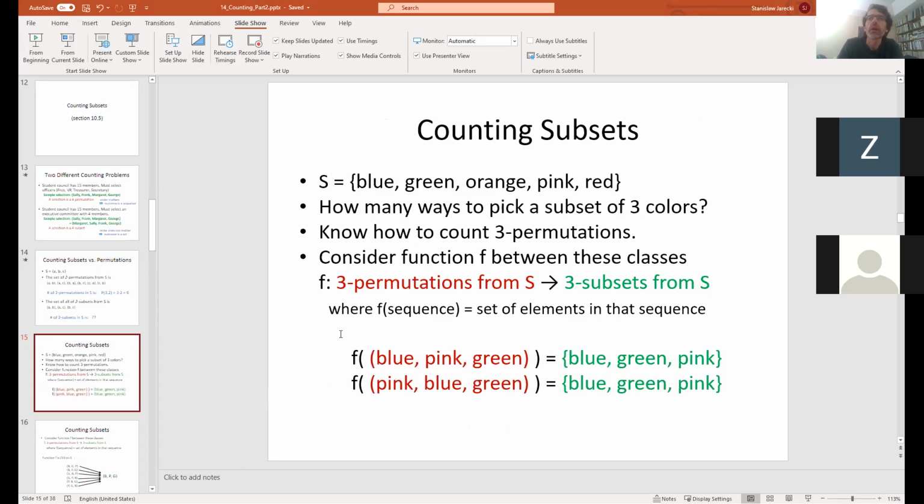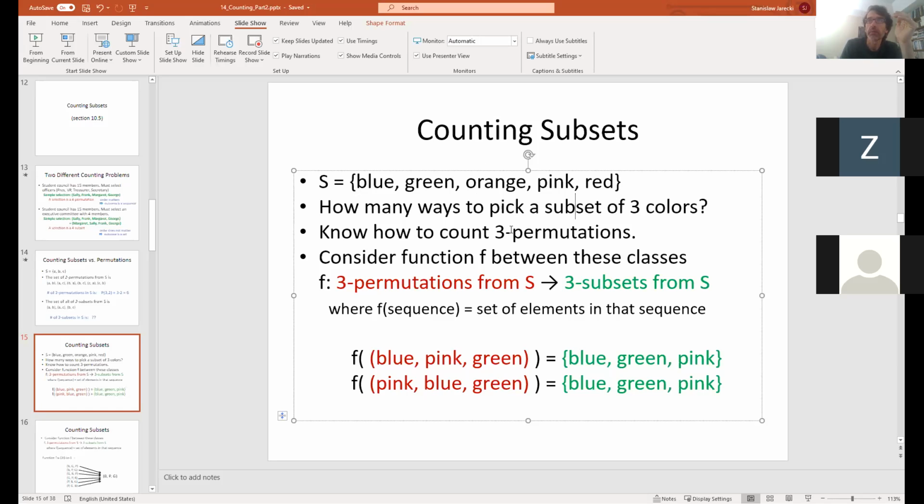Well, I can get this formula by a k-to-1 function. Let's take 3-element subsets, or 3-element permutations. If my set has 5 elements, but it could have many, and I'm asking how many ways to pick 3 elements from these 5, well, I actually already know how to count ways of choosing 3 elements in an ordered way.